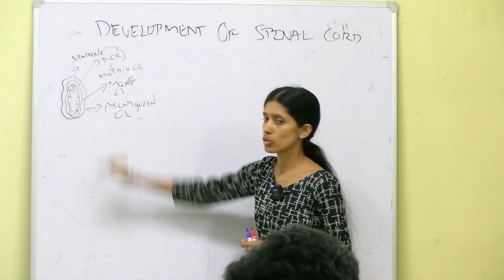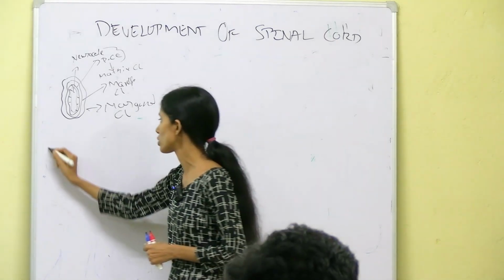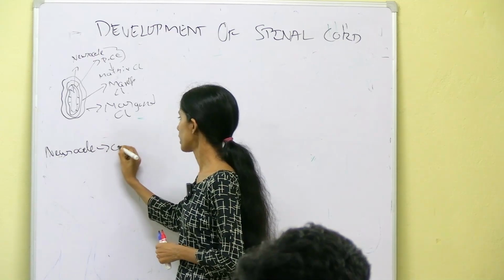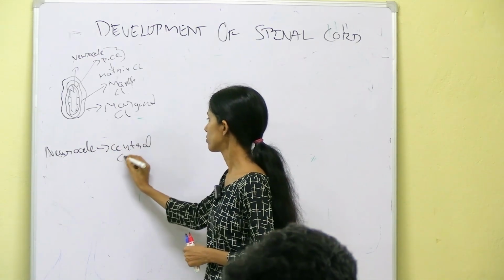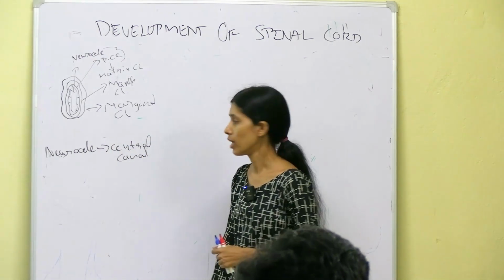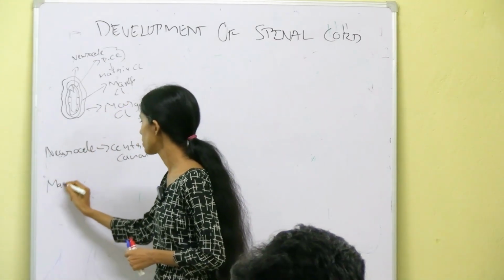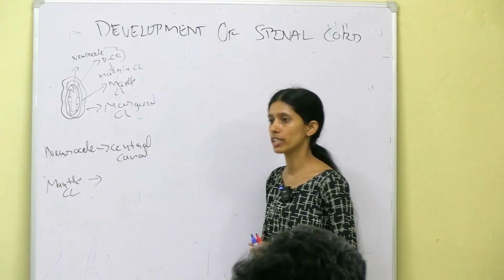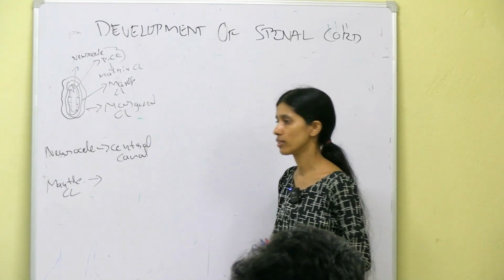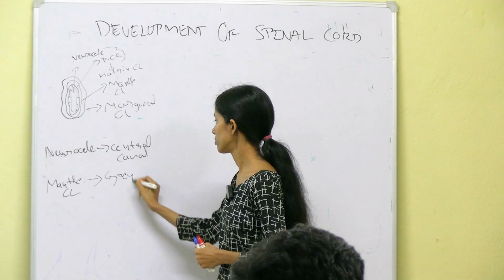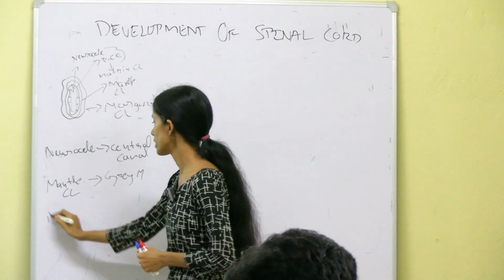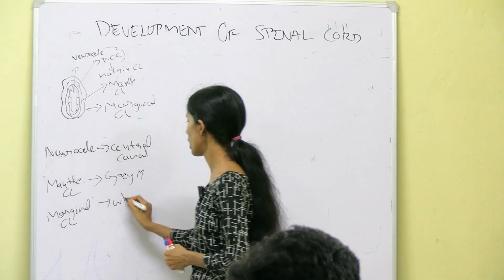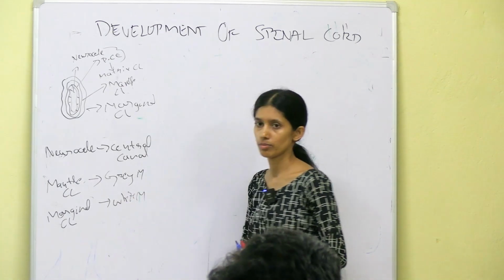Okay, your neurocoel is going to give rise to the central canal part, and your mantle cell layer, which is made up of spongioblast and neuroblast cells, forms your grey matter. The last one is marginal cell layer, it will give rise to your white matter.